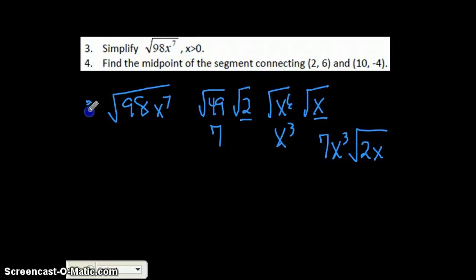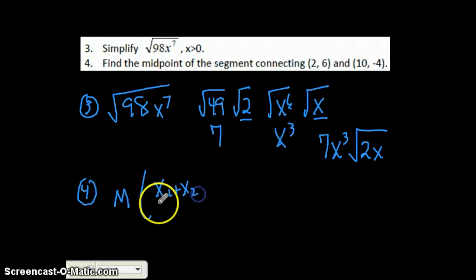That was question 3. Let's look at question 4. Find the midpoint of the segment connecting 2, 6 and 10, negative 4. Here's the way I write the midpoint formula. You take the two x's and you do the average. You take the two y's and you do the average.